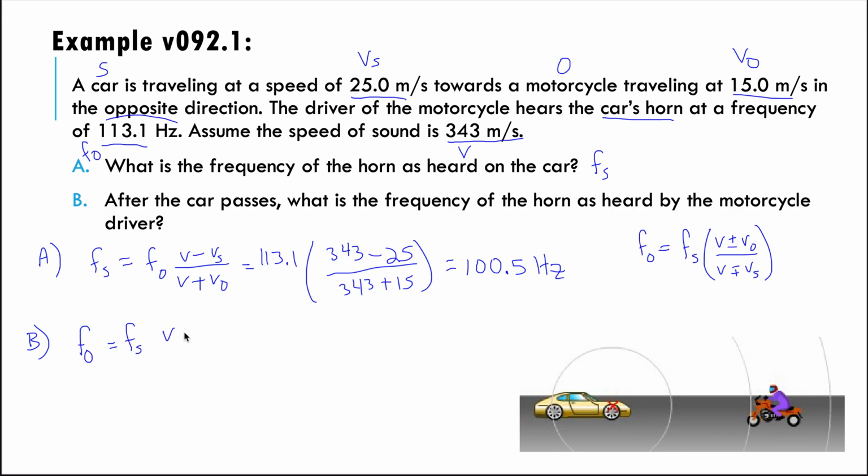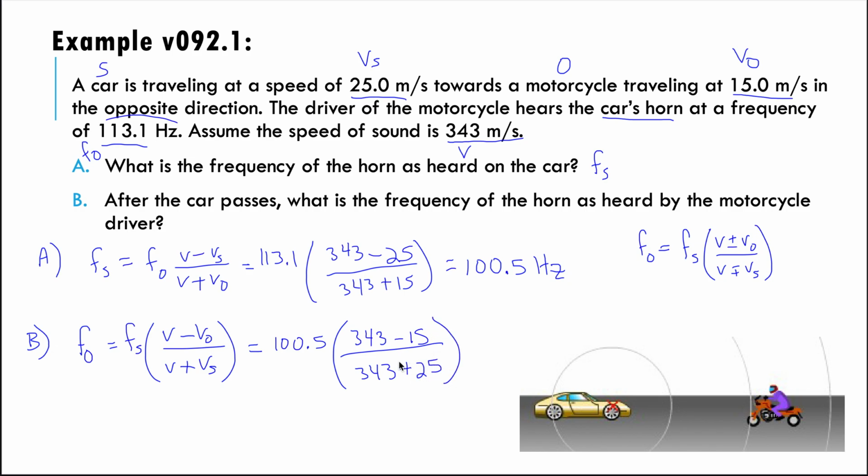So we will have V minus Vo divided by V plus Vs. We're using that bottom sign. So we're going to plug in 100.5, the frequency of the source, times 343 minus 15 over 343 plus 25.